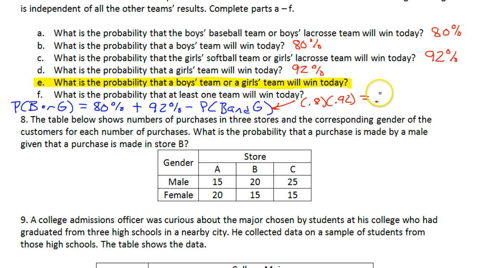What did I say at first? 0.736. Okay, so we'll go ahead and put that into the formula. 73.6%. So 80 plus 92 minus 73.6.